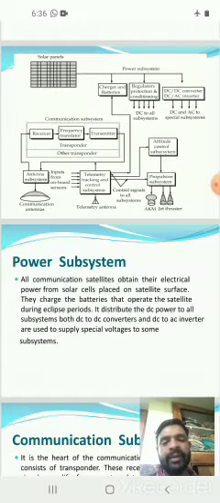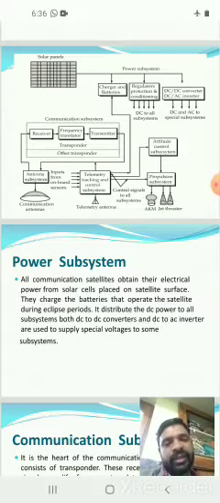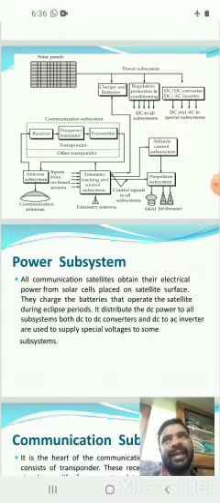The satellite system consists of some motors and devices that work with DC power and some that work with AC power.